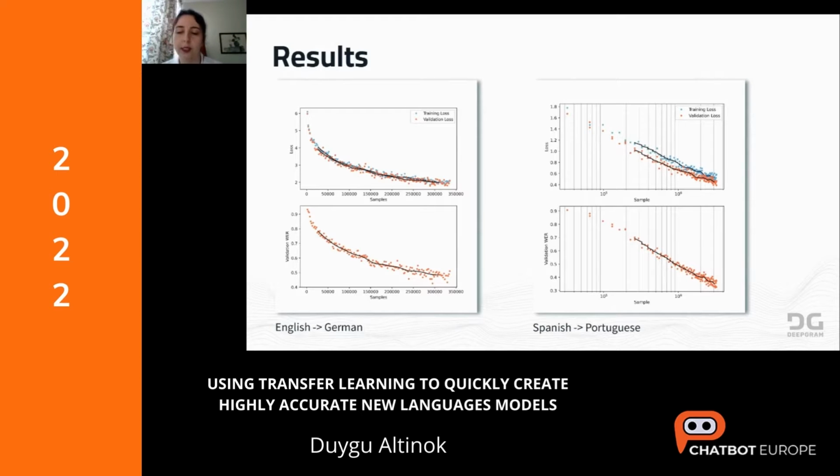The Portuguese phoneme model started around 0.9, around 1% less than the English phoneme model. At the very end, the Portuguese phoneme model converged around 35%, whereas the German model went down to 40%. This is quite expected because English and German are cousins, whereas Spanish and Portuguese are siblings. The closer the language pairs, the better the results they produce.